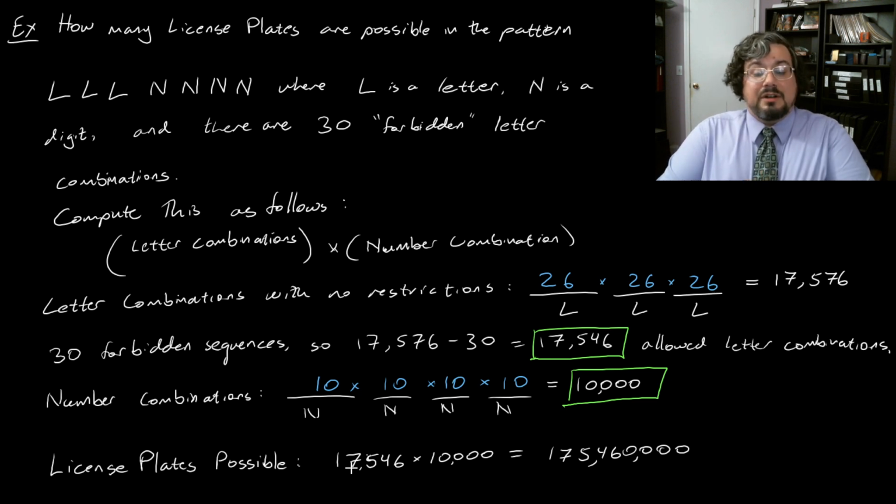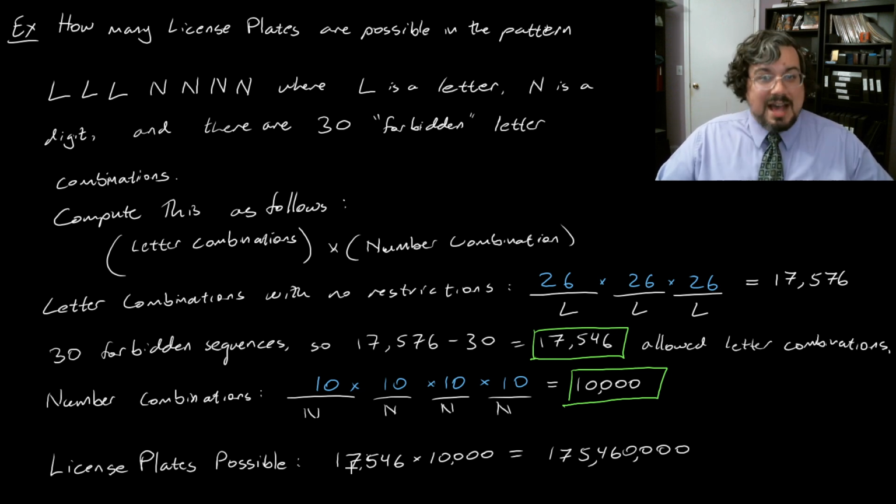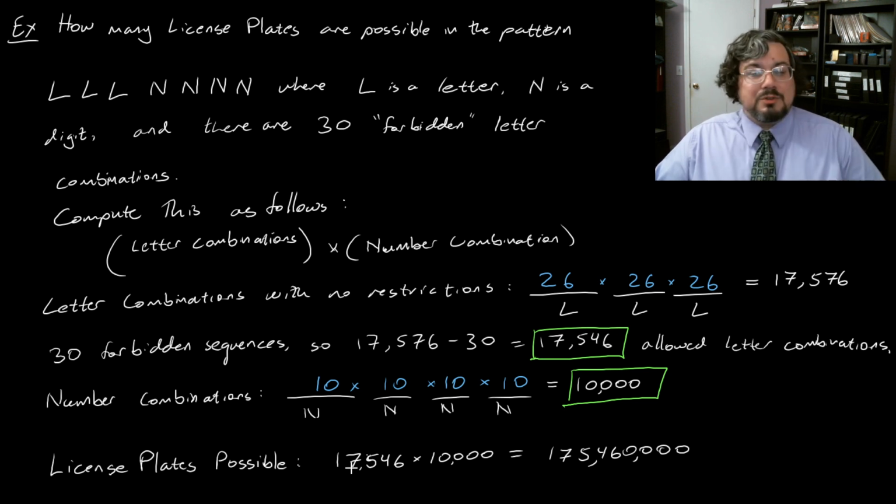So we could license up to 175,460,000 cars using this pattern before having to get a new one, and making sure that none of those 30 forbidden letter sequences ever came up.